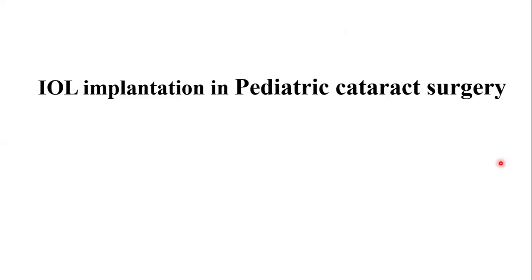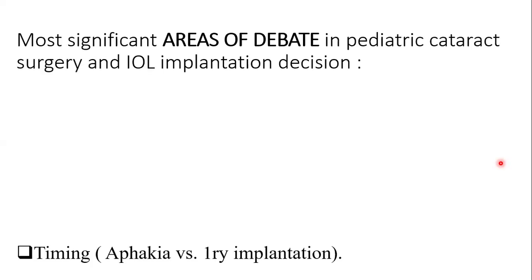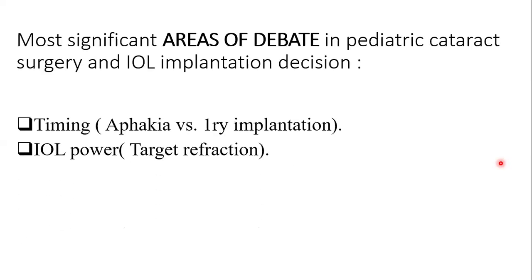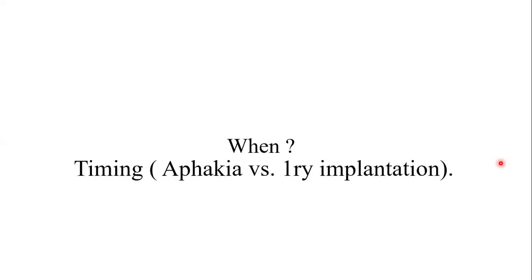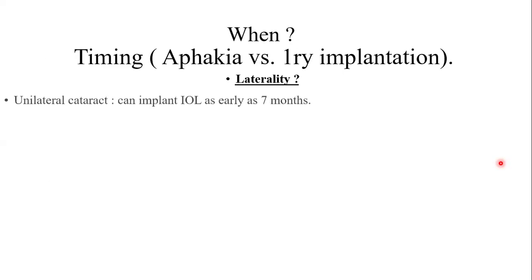Unilateral, actually we implant even in younger children. Yes, so if it is unilateral, you can implant as early as 7 months. If it is bilateral cataract and the child, for example, presents at the age of 1 year, then you can also implant. So if it is unilateral, you implant as early as 7 months. If it is bilateral, you implant as early as 1 year.